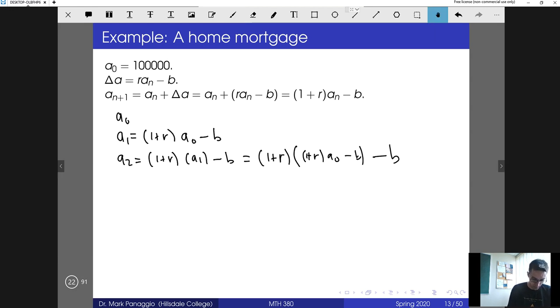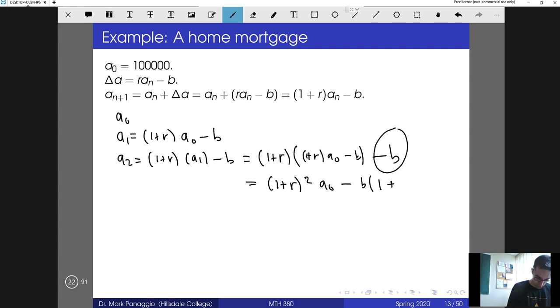And if we multiply that out, we'll have (1 plus r) squared times a0 minus b times, notice we'll have a b with a factor of 1 from right there, plus we'll have a b with a factor of (1 plus r) from right there. Okay, so that's after 2 months.